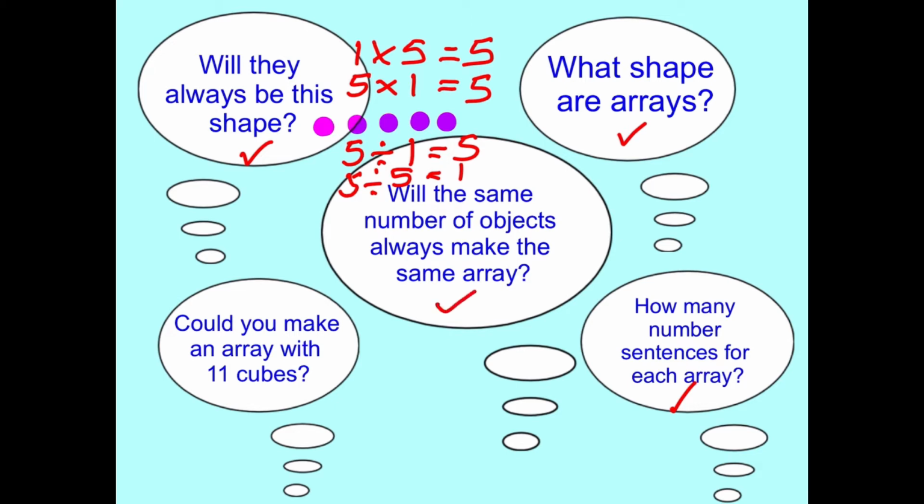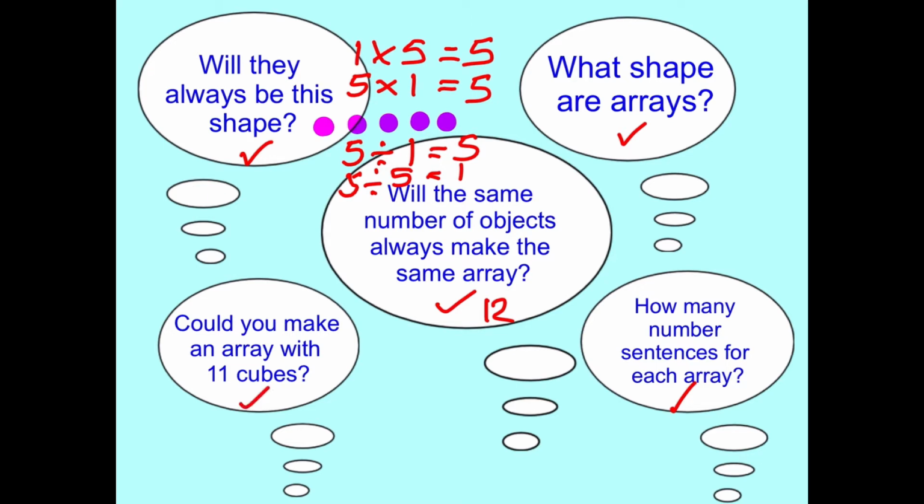And this question said, will the same number of objects always make the same array? So remember, when we investigated 12, we found out that that's not true, because you could make 2 times 6, or you could make 3 times 4, or you could make 1 times 12. So sometimes the bigger numbers can make lots of different arrays. So you might want to try that with 24 and see how many different ones you can make with 24.